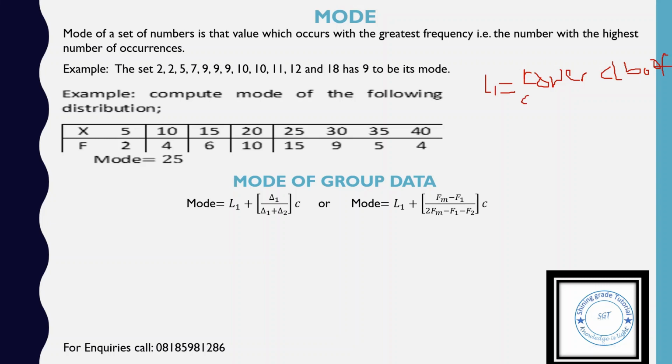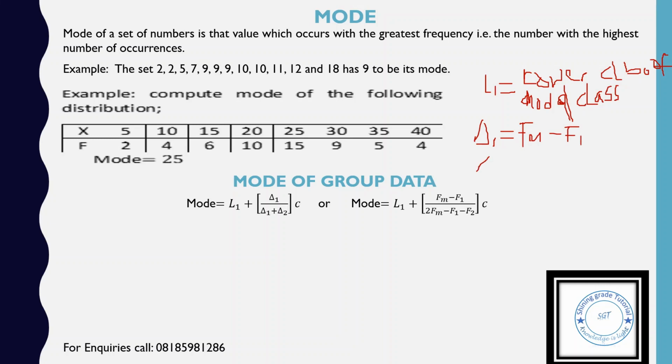Delta 1 is the frequency of the modal class, fm, minus the frequency of the class before the modal class, let me call that f1.